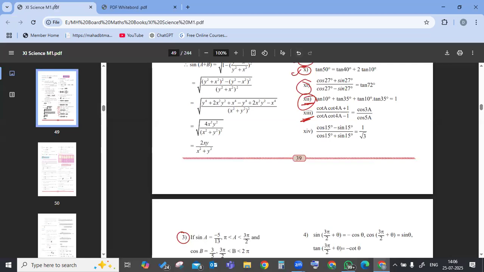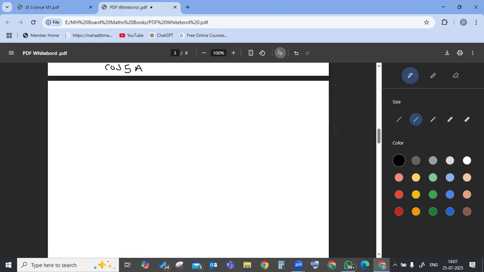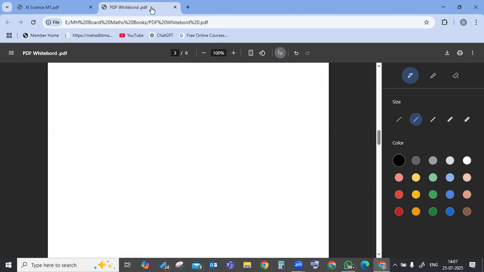This last question. Cos 15 minus sin 15 upon cos 15 plus sin 15 is equal to 1 upon root 3. Okay, to prove, no, it's 14.